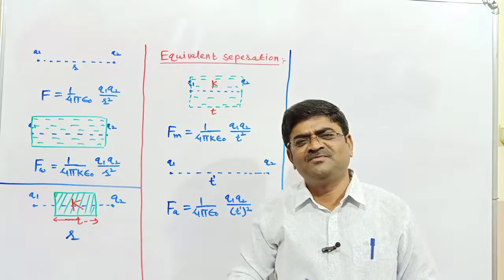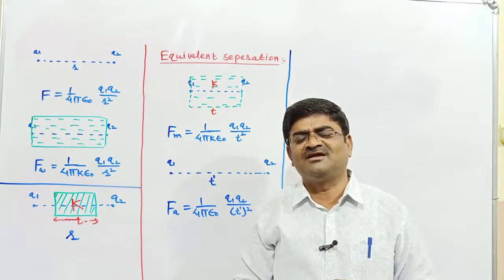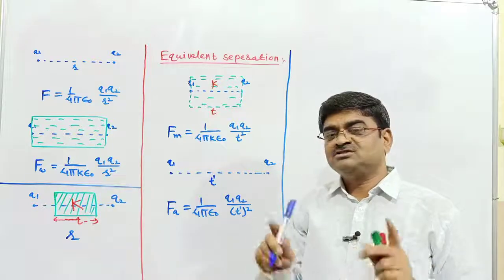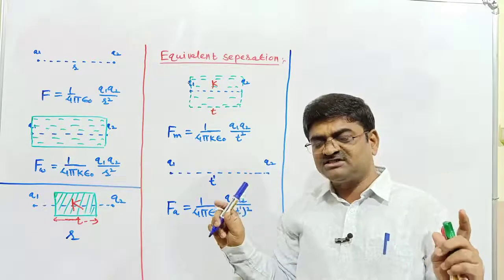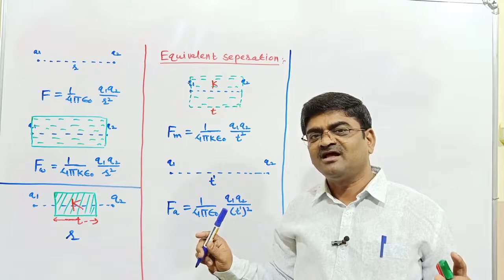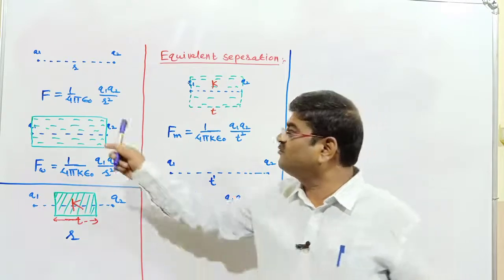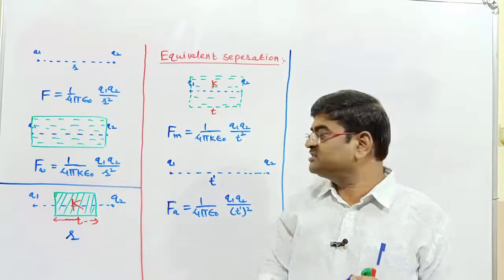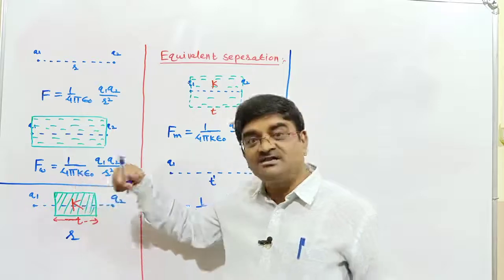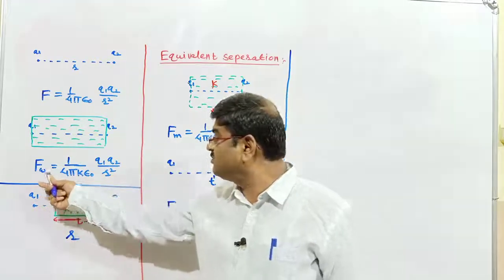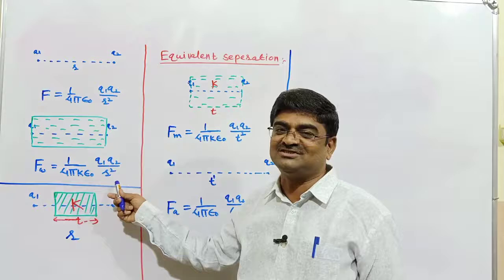For your information, before I go ahead, let me just make it clear. If two charges are placed in air, you get a force given by this equation. When the same two charges are placed in another dielectric, you get a force given by this equation, and compare these two forces.